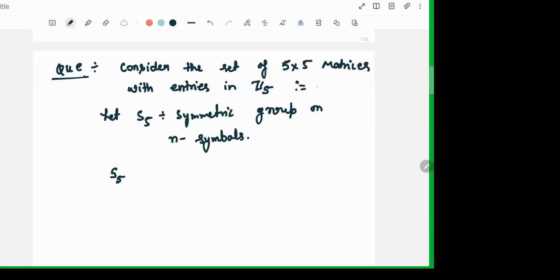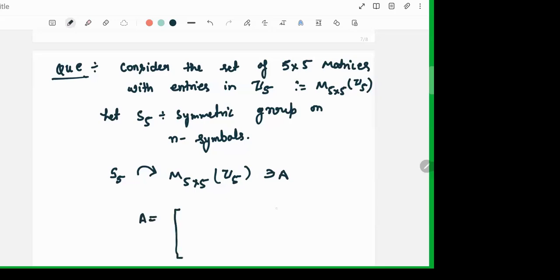The notation for this is M5 cross 5 over Z5. Let S5 act on this. So how will this element look? Let's say A is some matrix here. A will be a 5 cross 5 matrix.